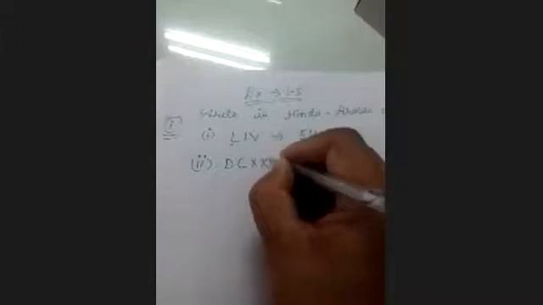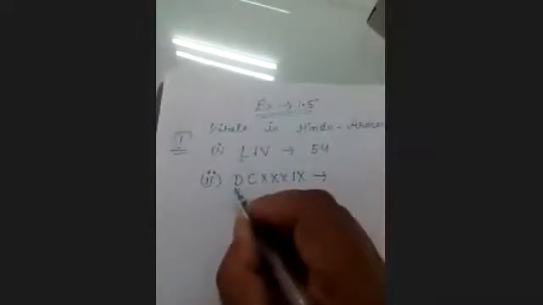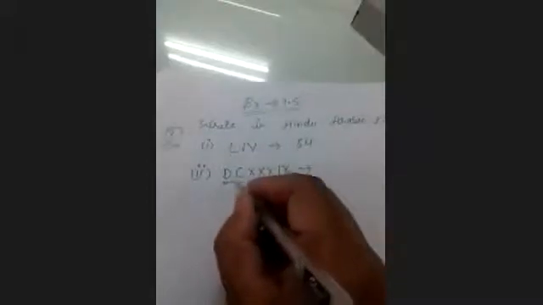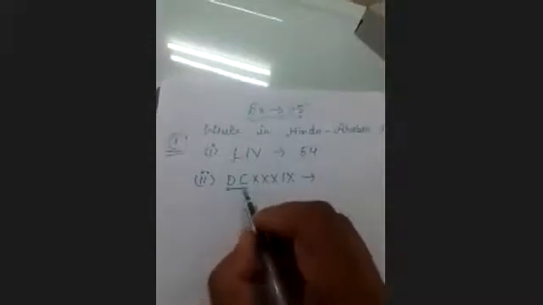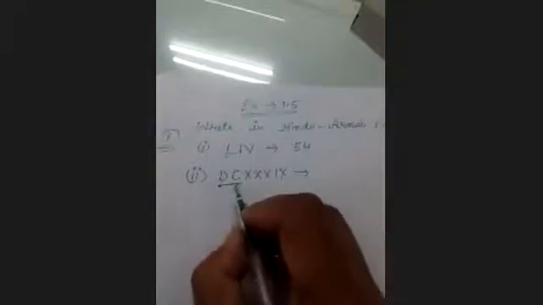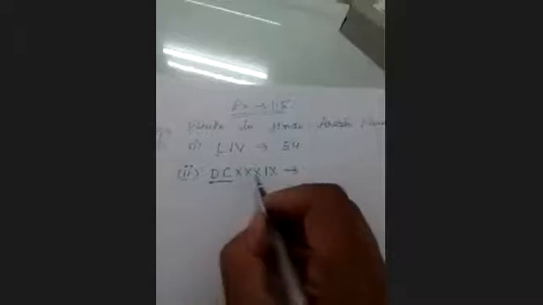Dear students, next is the second part. Now we have DCXXXIX. D means 500. DC means 500 plus 100, 600. Then XXX: 10, 20, 30, so 630.